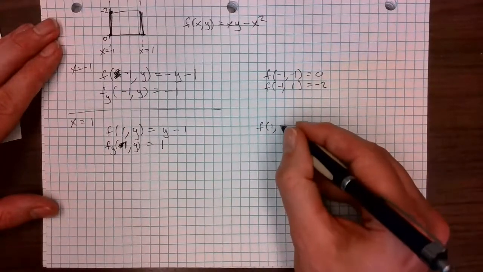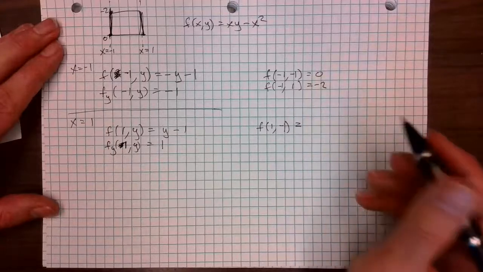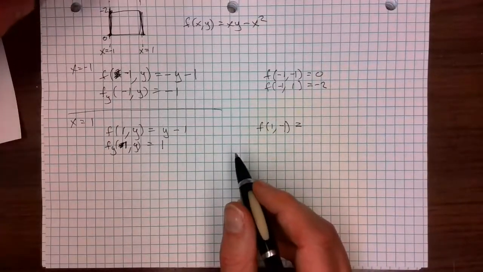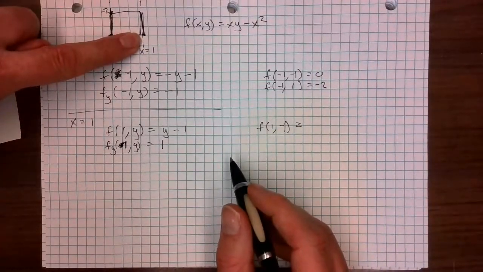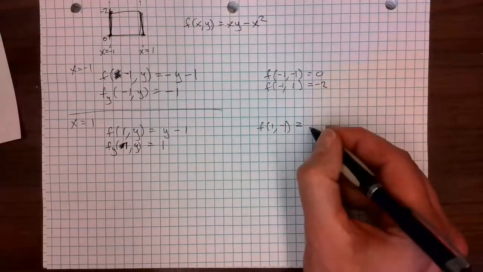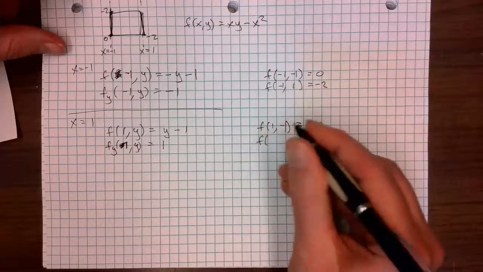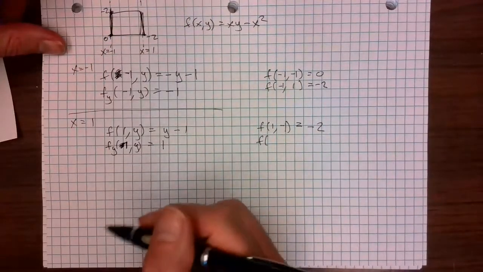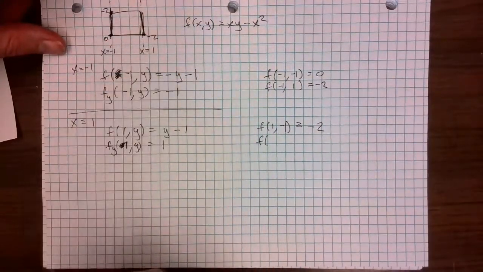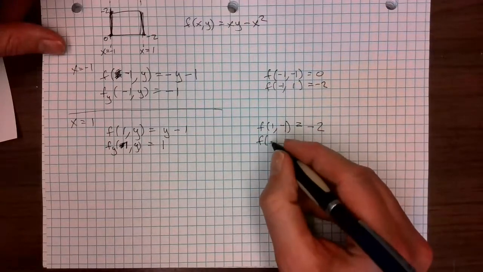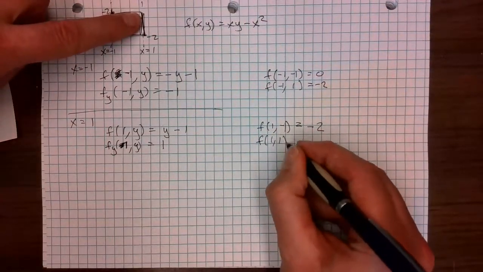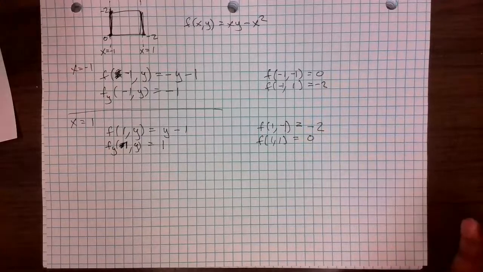So it's -1 when we're right over here, and this is where we got -2. We already did these when we were looking at the top and bottom bit. And over here at 1, 1, we got 0.